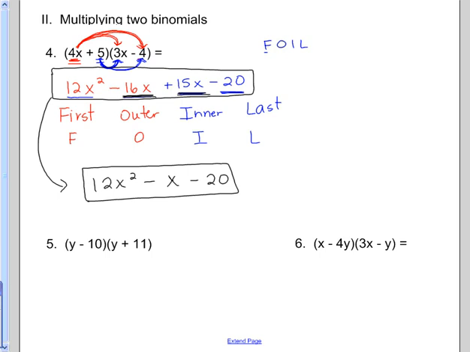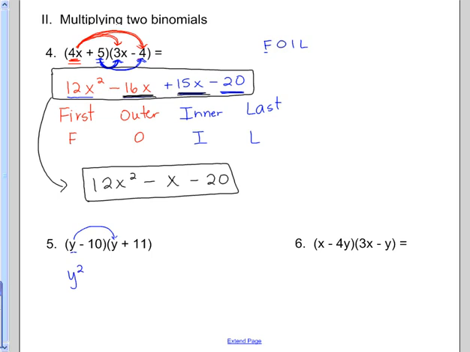All right, let's look at number 5. We have y minus 10 times y plus 11. Again, it's two binomials, so it's usually what we call the FOIL method. I'm going to take the first term, the y, and multiply it by the first term in the second polynomial, which is also a y. Y times y gives me y squared.